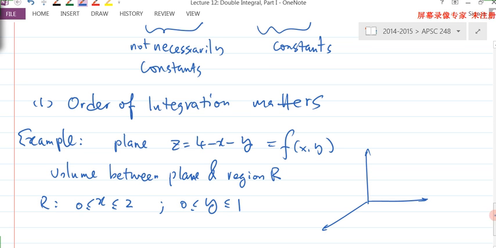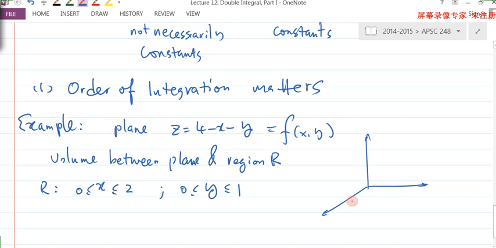So let's draw the region R first. X between 0 and 2, y between 0 and 1. So it's a rectangle. This is R here. And you have a plane on the top of this region R. The plane is an infinite plane, but we're only looking for the volume between this region R and the plane.